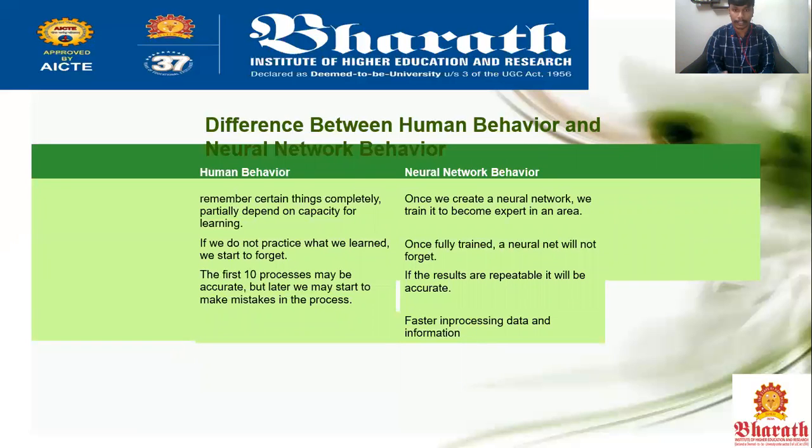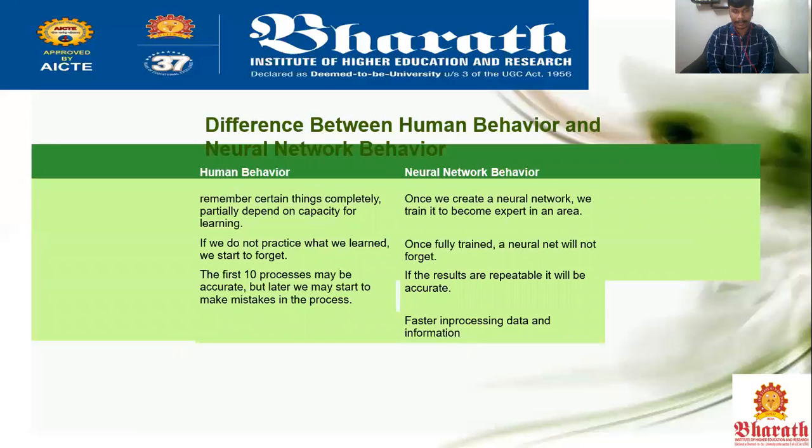Why? Because neural network behavior is constructed artificially to support the human body, to replace the function of the biological neural network. If any collapse, injury, or defect happens to the BNN, it will be supported by the neural network behavior called ANN.